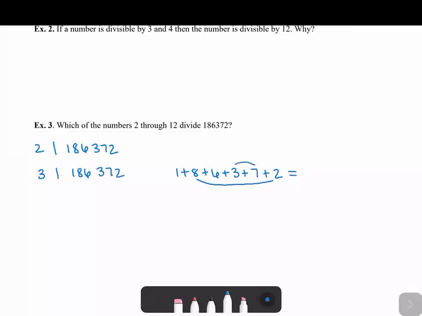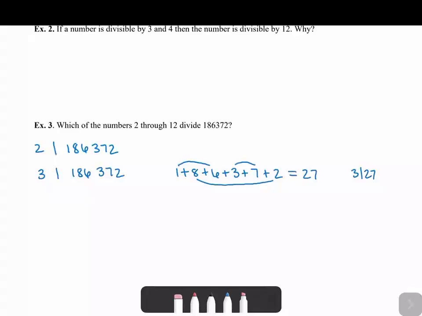The 3 and the 7 is 10. And then we have a 1 and a 6, which is 7. So this is 27. And we know that 3 divides 27, meaning that 27 is divisible by 3. So 3 divides 27, so 3 divides this number.